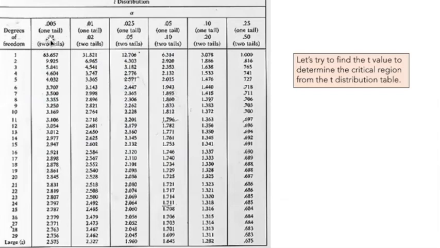For this we have to find our degrees of freedom, that is 18. Here you have 18 degrees of freedom. For 18 degrees of freedom with an alpha of 0.01, the critical region is represented by 2.878. So this is clear, no? Two tails, 0.01 alpha, 18 degrees of freedom, the critical region is 2.878.